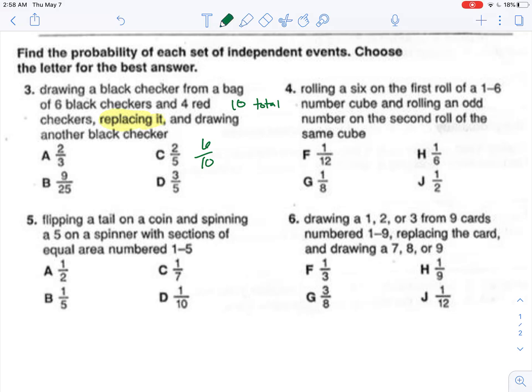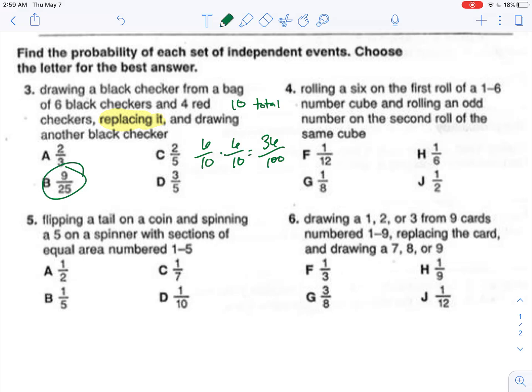And then I draw another black checker, so another 6 out of 10. Well, that would be 36 out of 100, or 9 out of 25 if I simplified. So always simplify your fractions.